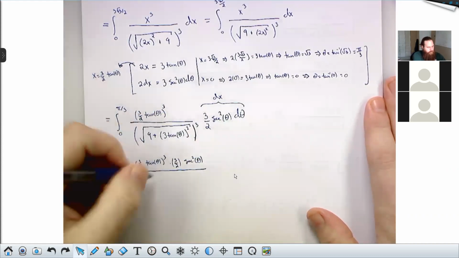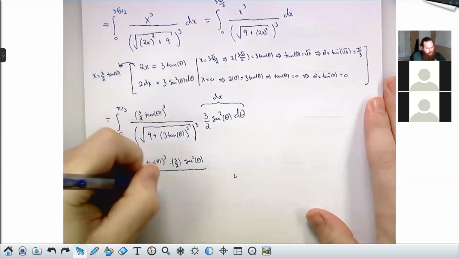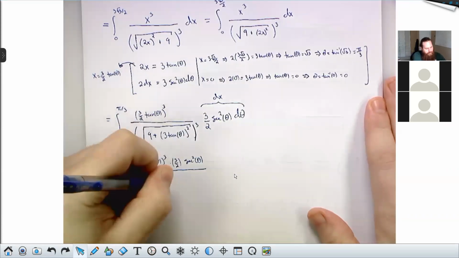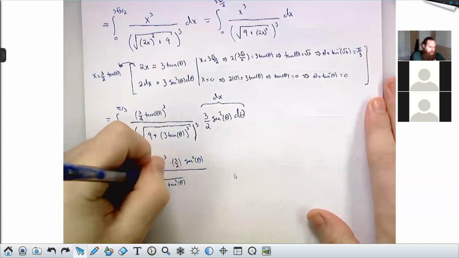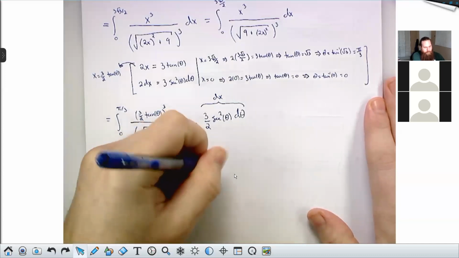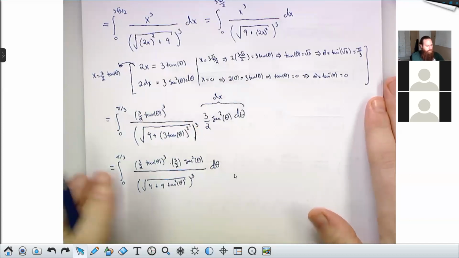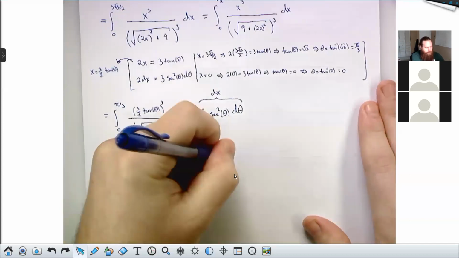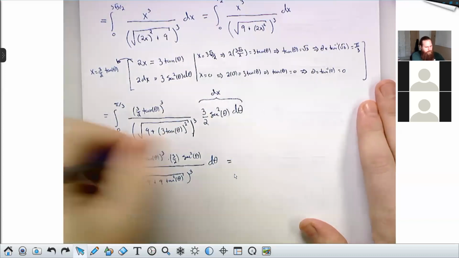And then downstairs here I'll have 9 plus 9 tan squared theta under my square root. I can factor a 9 here, and then I'll have 1 plus tan squared. So it'll be 9 secant squared theta under the square root. Upstairs here I see a 3/2 cubed and a 3/2. That's 3/2 to the 4.